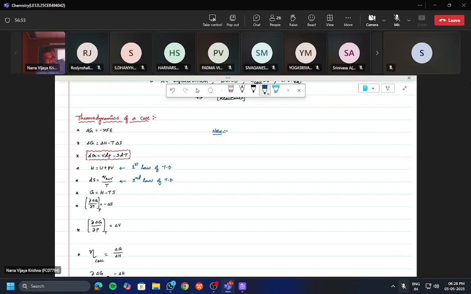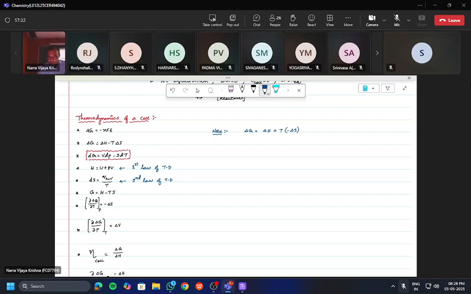Now see this. We know delta G equal to delta H minus T delta S. I am writing delta G equal to delta H plus T into minus delta S. Nothing wrong. What is minus delta S? See this.